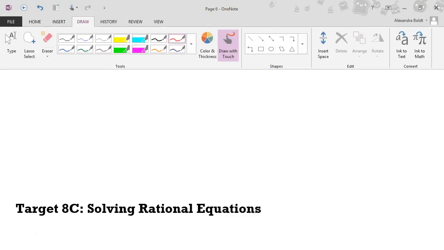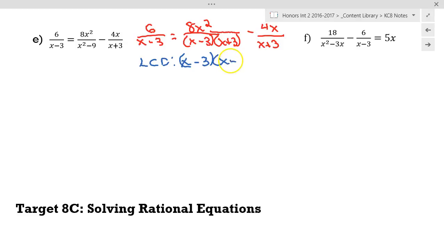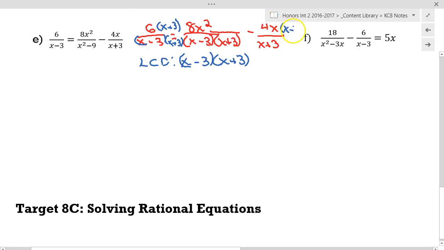Okay. So my least common denominator, I need an x minus 3 and an x plus 3. Okay. So I'm going to have an x plus 3 here and an extra x plus 3 here. This middle one is not missing anything. This last one is missing an x minus 3.